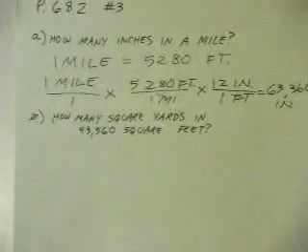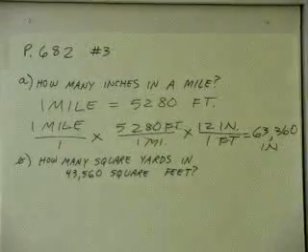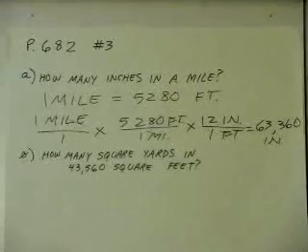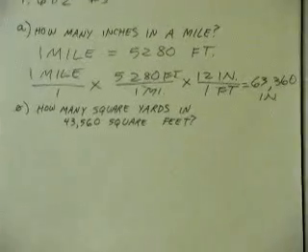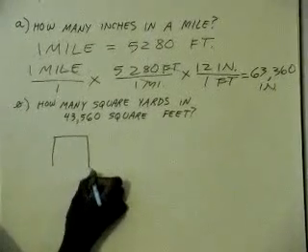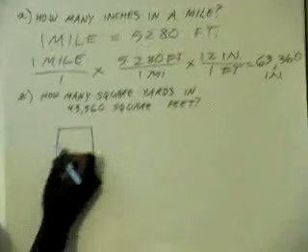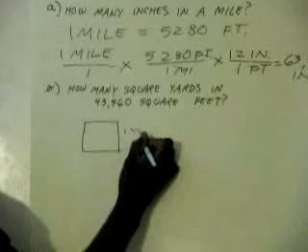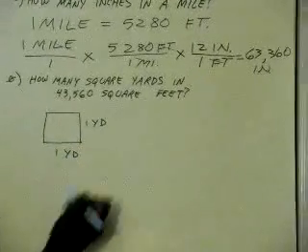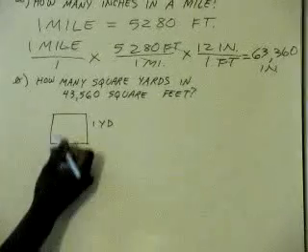Now, the second problem we're going to look at, how many square yards in 43,560 square feet? First off, let's say you have a square that is 1 yard by 1 yard. That's 1 square yard.